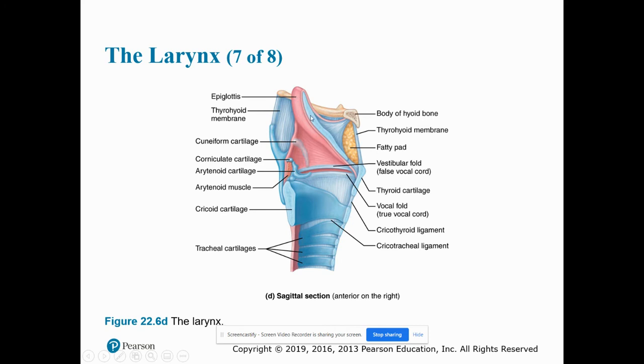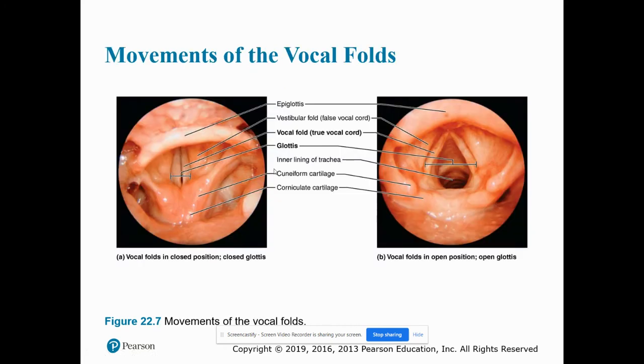Again, the epiglottis is up here, and it's going to close off. And the glottis is the opening. And then this would also be the glottis. And then this is the epiglottis up here.